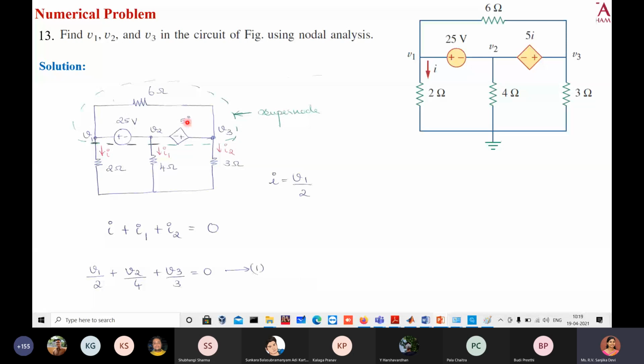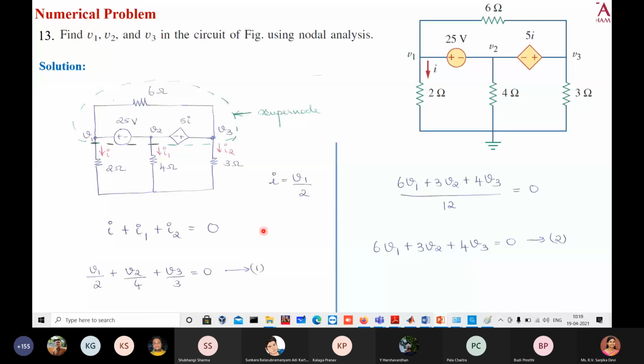We require 2 more equations. Okay. So for getting 2 more equations, we have to apply KVL. So before that, what we will do is we will just take the common denominator and write it so that it is easy when we solve it later. So take the common denominator.